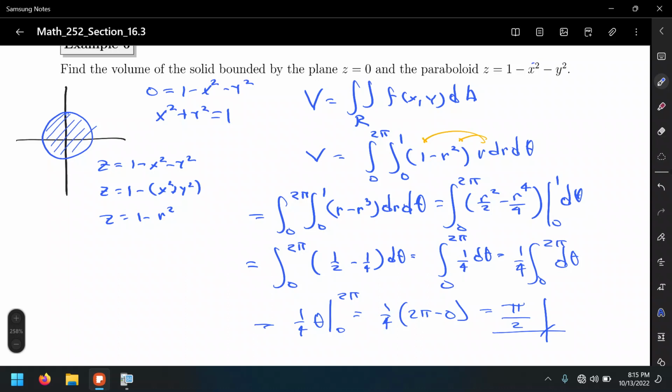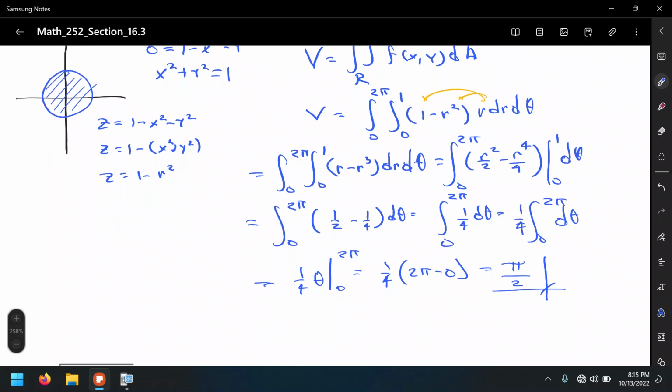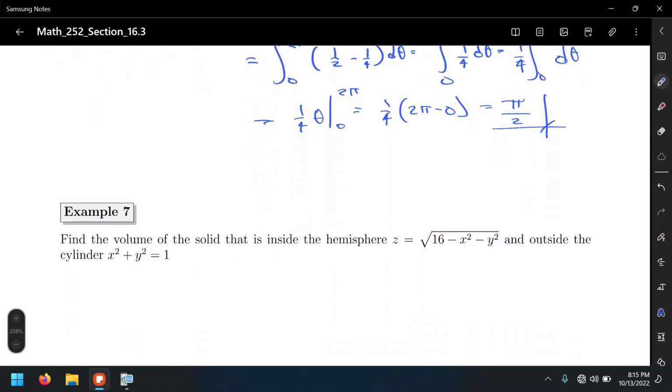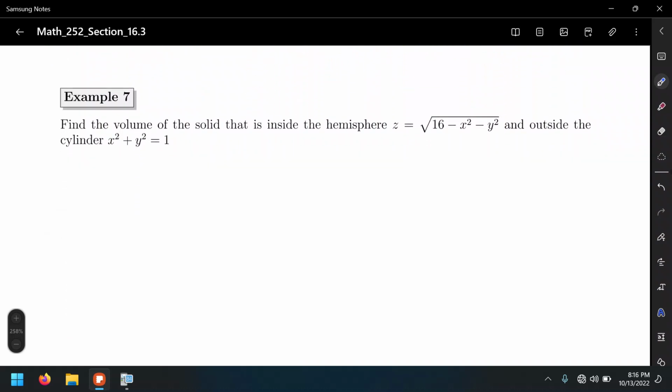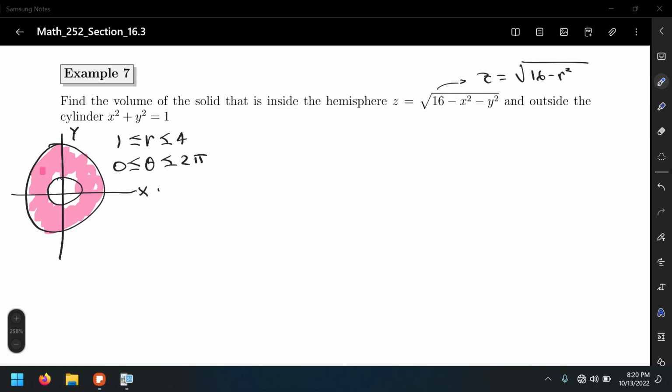Let's do the next one, number 7. Find the volume of the solid that is inside the hemisphere z equals square root of 16 minus x squared minus y squared, and outside of the cylinder x squared plus y squared equals 1. Briefly describe: we have these two circles, the circle of radius 1 and the circle of radius 4.